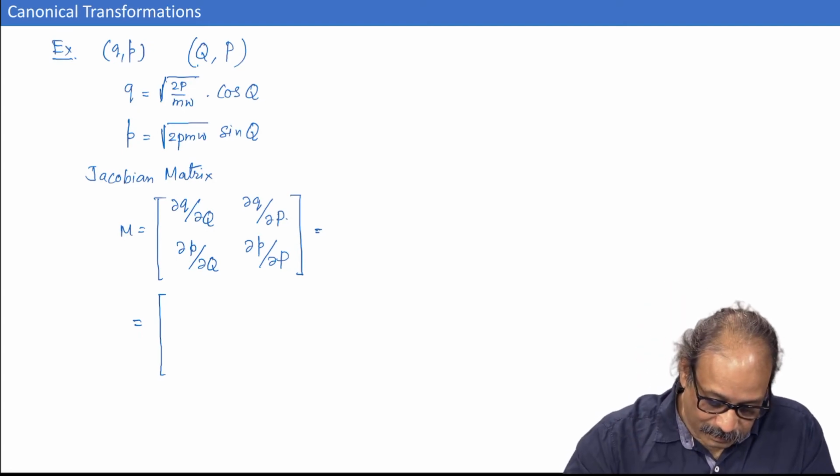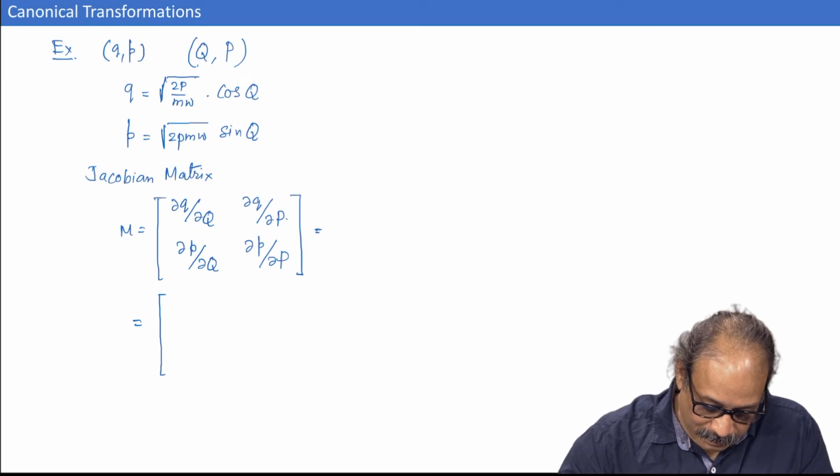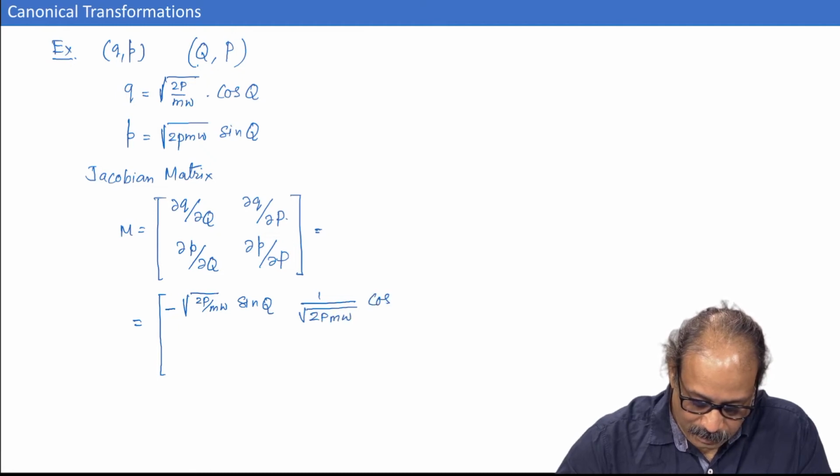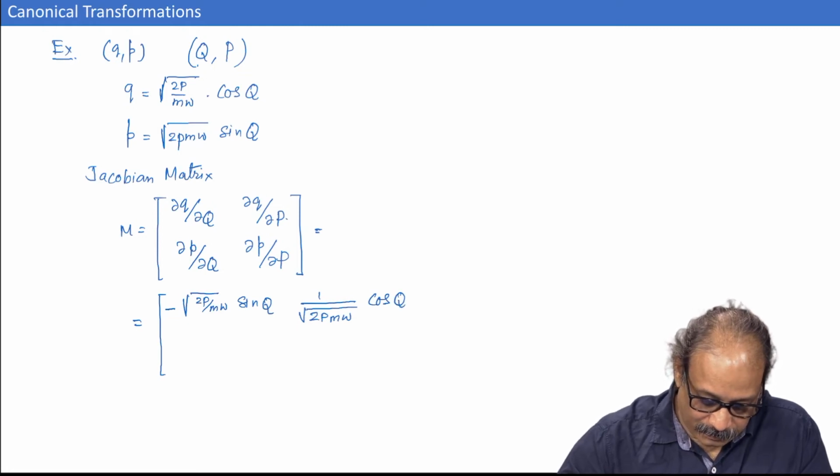So, the partial derivative of q with respect to this would be minus square root of 2P by m omega into sin of Q, then this would be 1 over square root of 2P m omega into cos Q. Okay. This is the derivative of this.